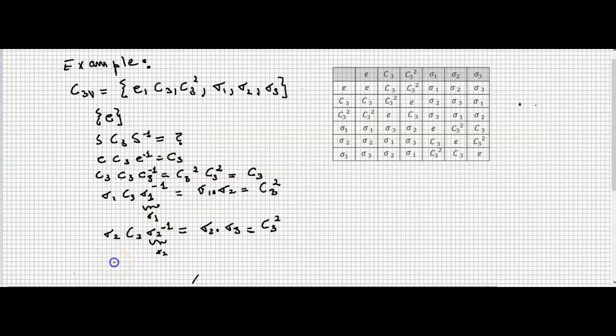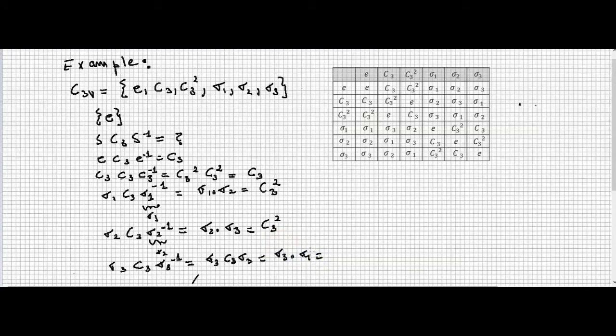I have to consider here sigma 3, C3, sigma 3 minus 1. C3 multiplied by sigma 3 is equal to sigma 1, so it's sigma 3 multiplied by sigma 1.